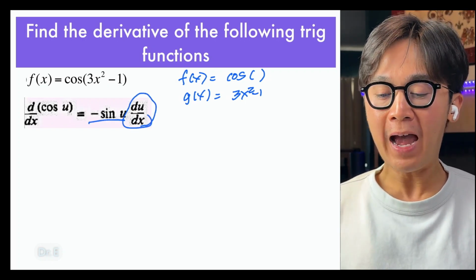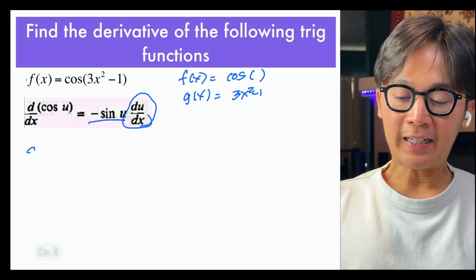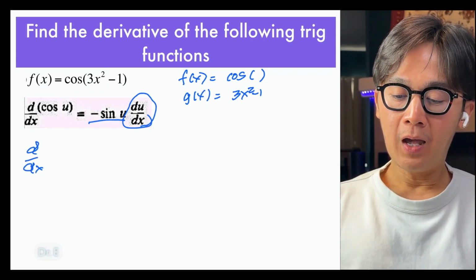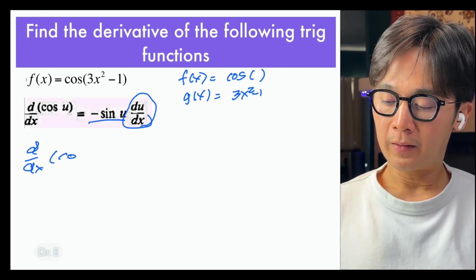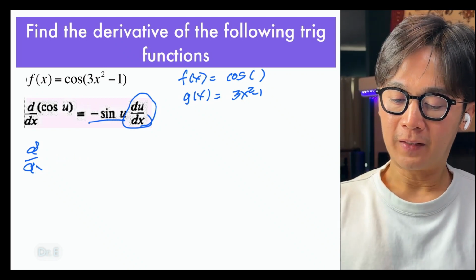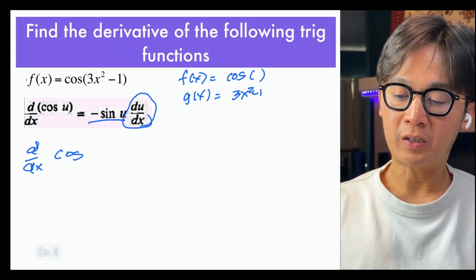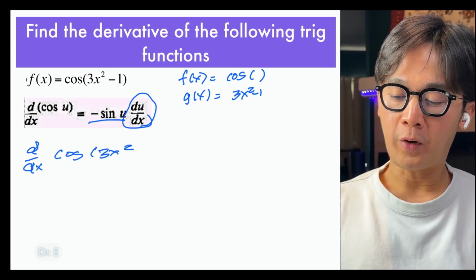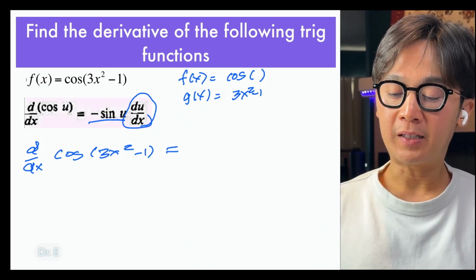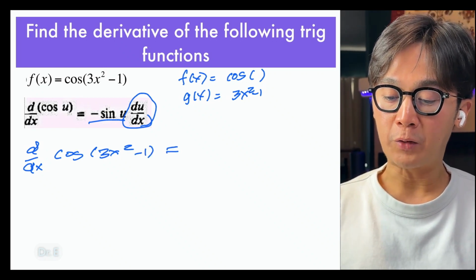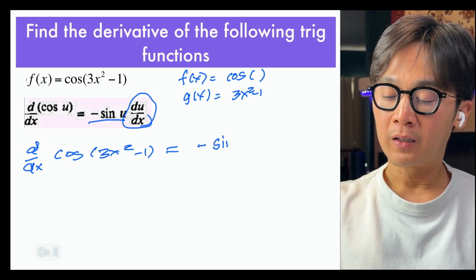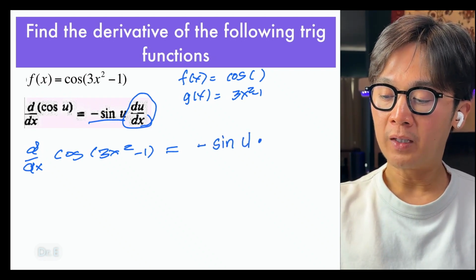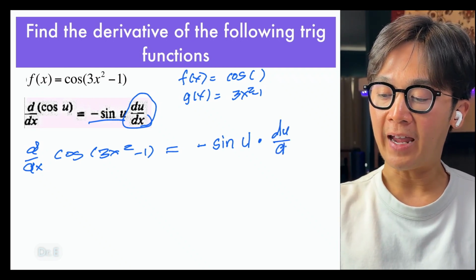So how are we going to do that? d dx of cosine 3x squared minus 1 is the derivative of cosine u, and the derivative of cosine u is negative sine u times du dx.